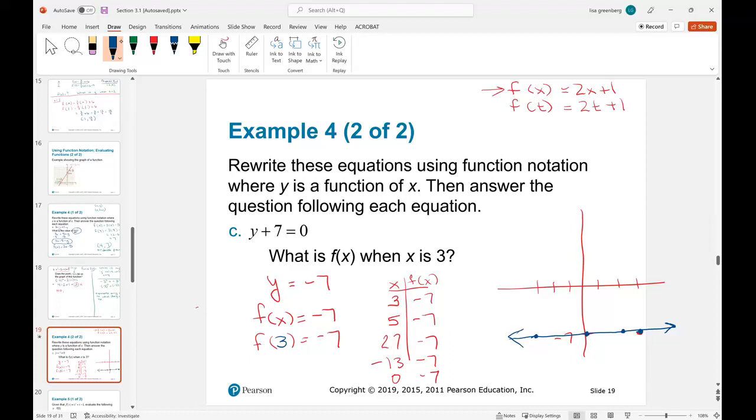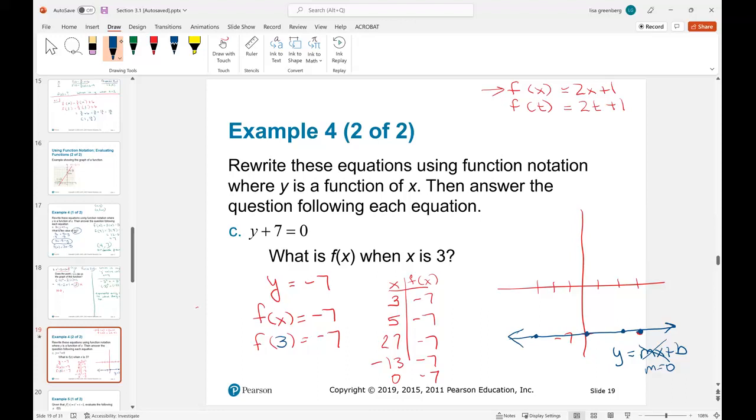So it's going to follow y equals mx plus b, where m is the slope and b is the y-intercept, right? So if I have a horizontal line and the slope represents the slant of the line, this is not a slanted line. So that means m equals 0. Because this is gone, m equals 0. And what I get is y equals b, which is the y-intercept, which is -7.